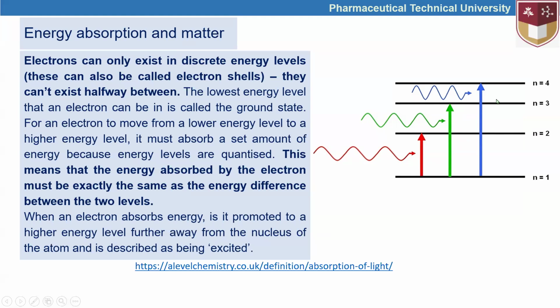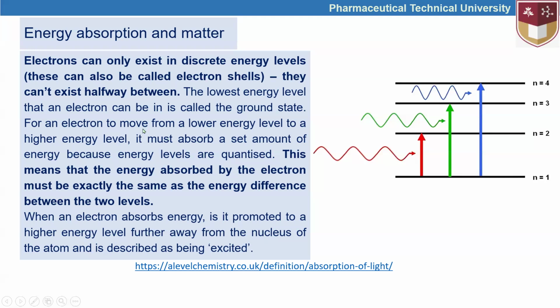And between these electron shells, there are no halfways as expressed here. The lowest energy level that an electron can be in is called the ground state. Yeah, this is the ground state. And in the ground state, electrons own the lowest energy.